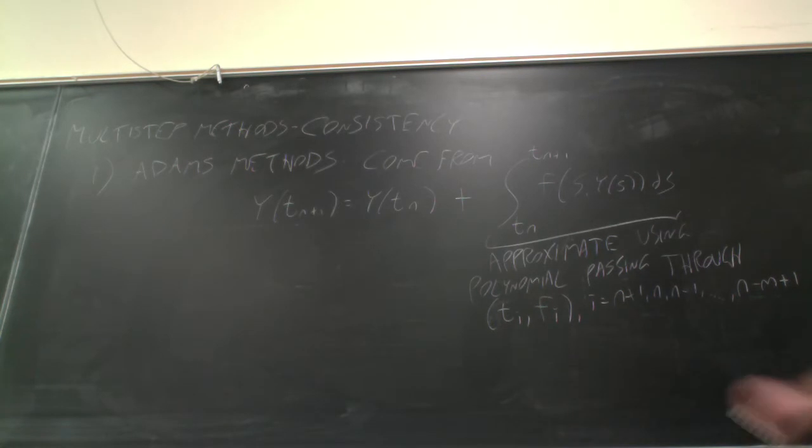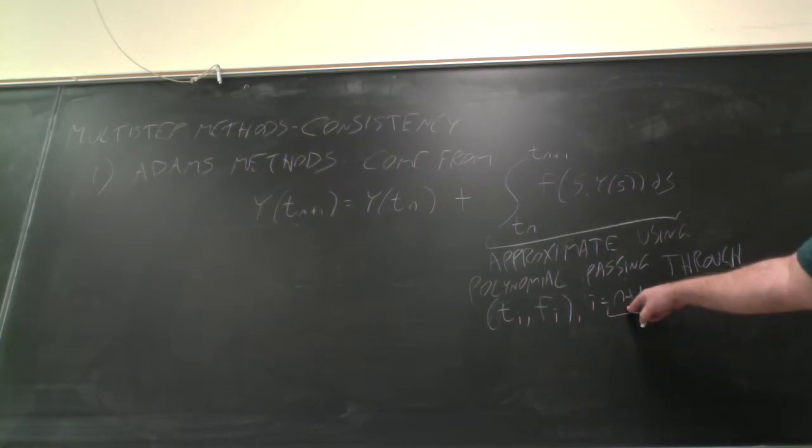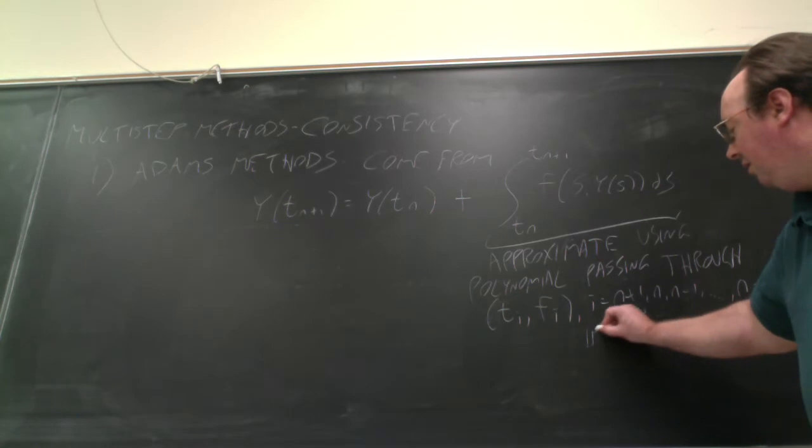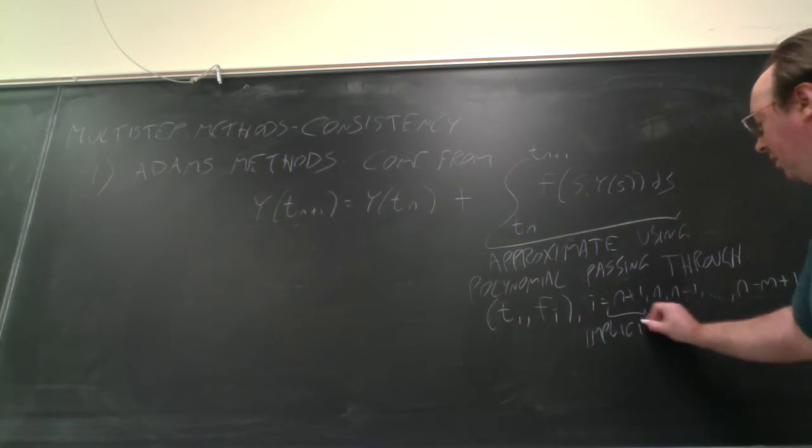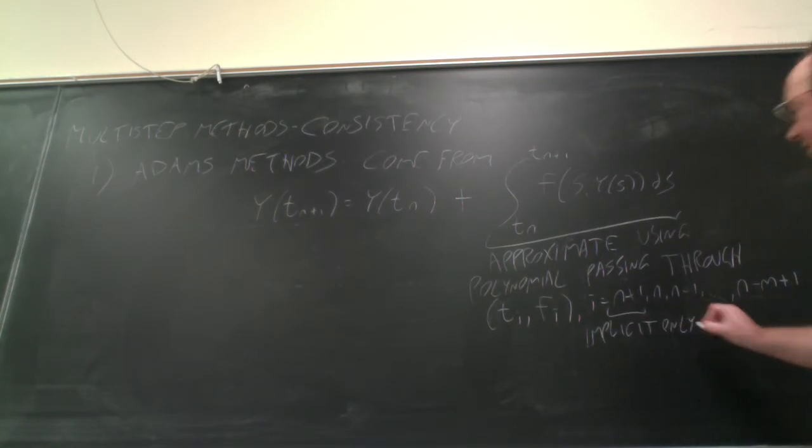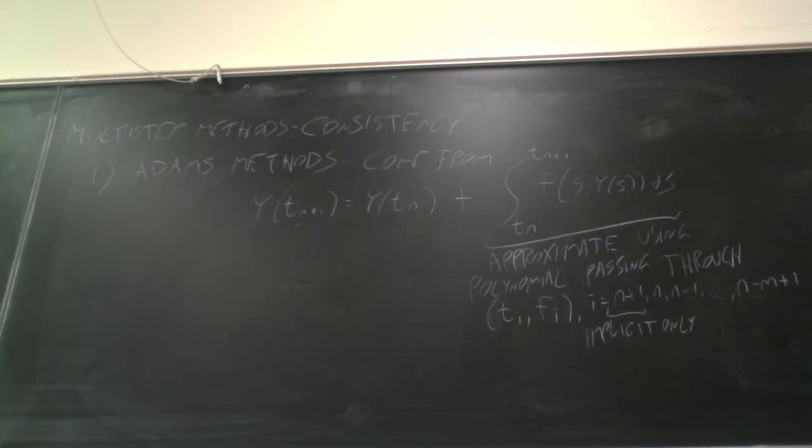Although I should mention, n plus 1 is only included in the implicit case, in other words, the Adams-Moulton method. Otherwise, you're starting from n and backtracking from there. So, the implicit method has one extra point.